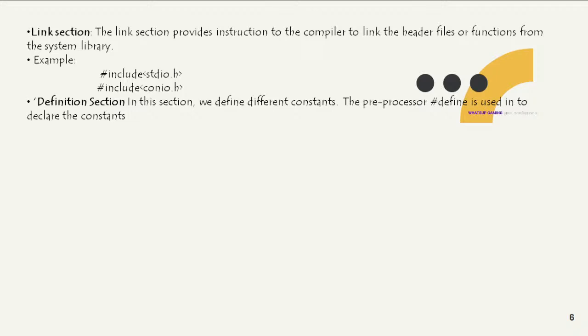Whenever we need a constant in our programming language, we use this definition section. For defining constants, we can use the #define preprocessor like this. Here I am declaring one constant variable, that is pi, and I am assigning it a value, that is 3.14.